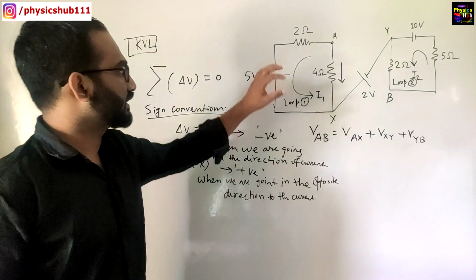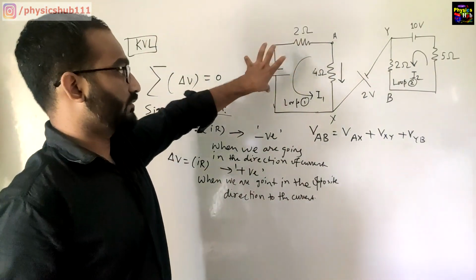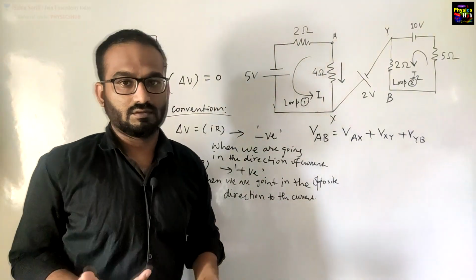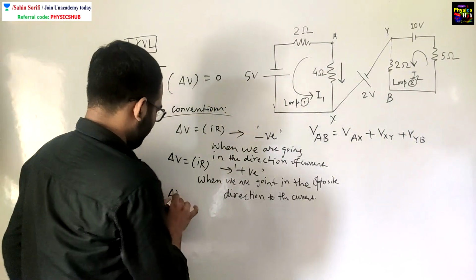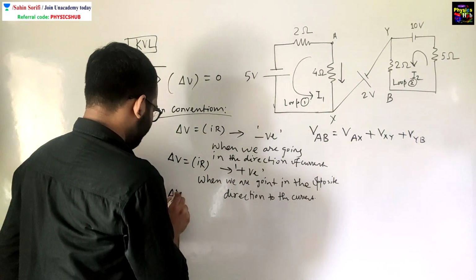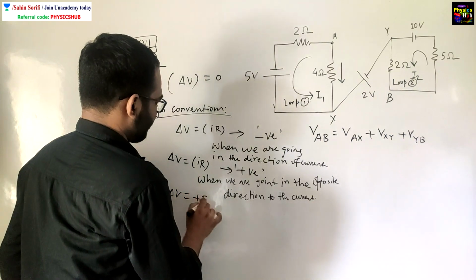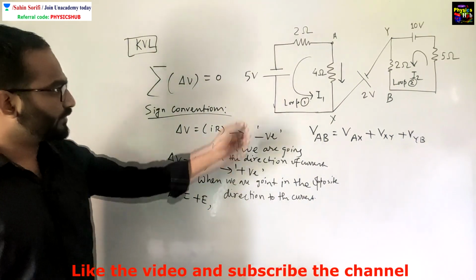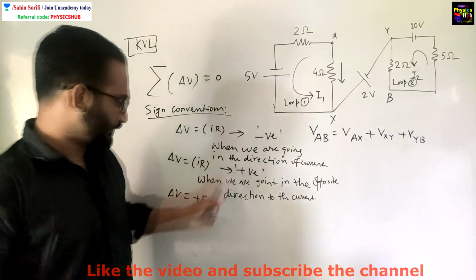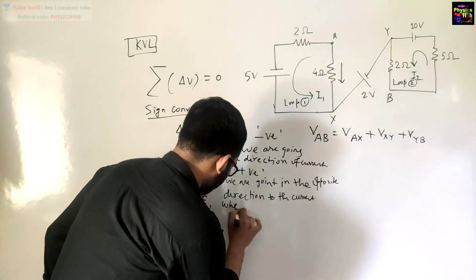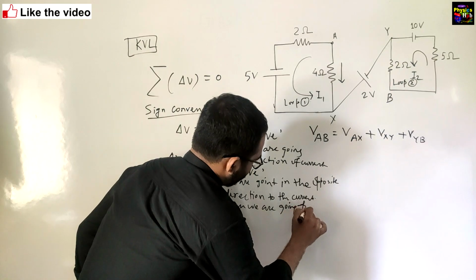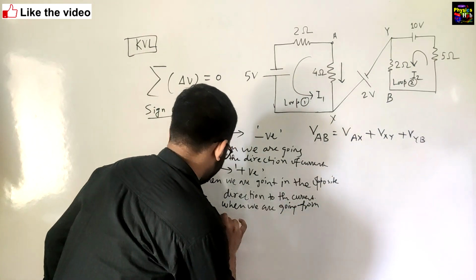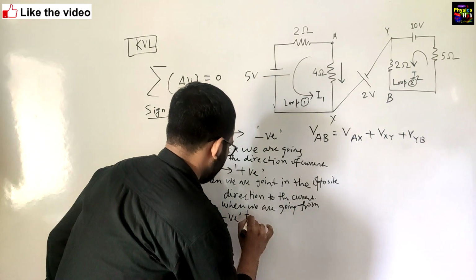Now there are also some battery sources. What are the conventions for this? The voltage drop will be given by plus E when you are going from the negative terminal to the positive terminal. Conversely, it will be negative when we are going from the positive terminal to the negative terminal.